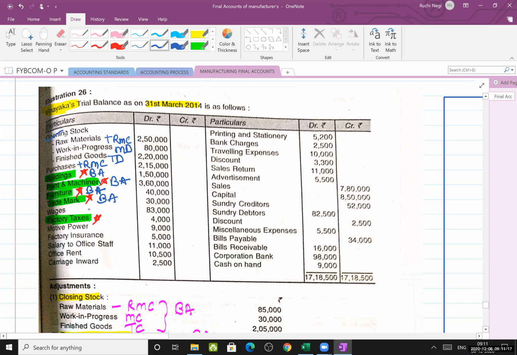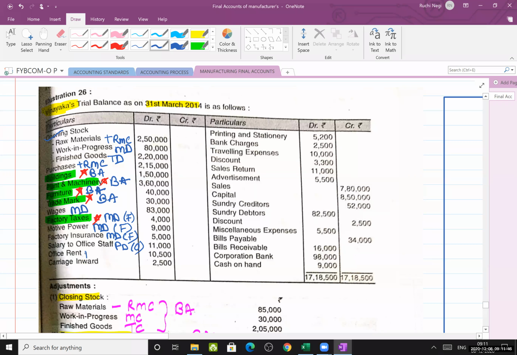Okay. Wages, manufacturing debit under the heading direct wages. Factory taxes, manufacturing debit under the heading factory expense. Motive power, manufacturing debit under the heading factory expense. Factory insurance, manufacturing debit under the heading factory. Salary to office staff, P&L debit under the heading office.